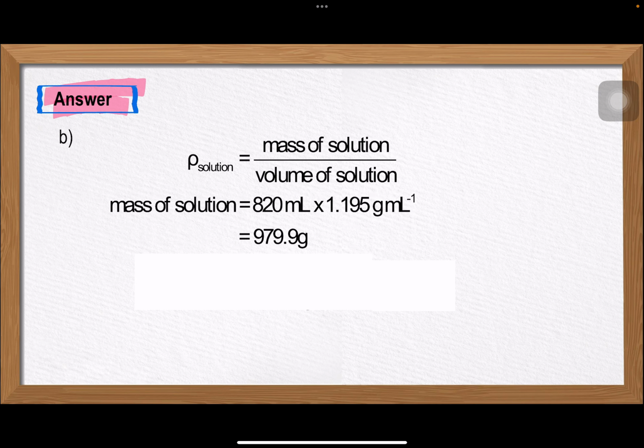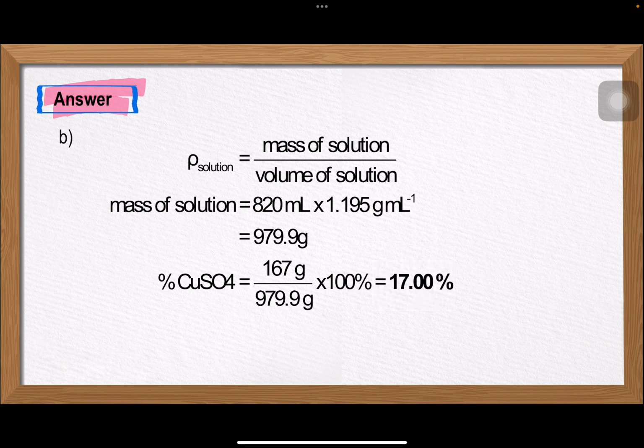From this formula we can identify the mass of the solution, which is 979.9 gram. So we can identify percentage by mass by dividing mass of the solute over mass of solution times 100. So the answer is 17%.